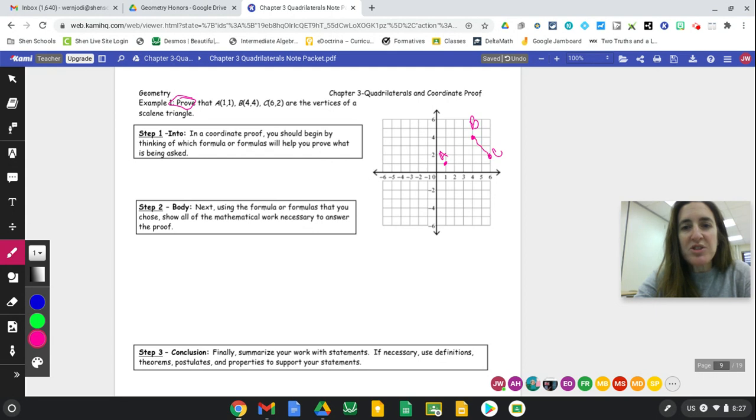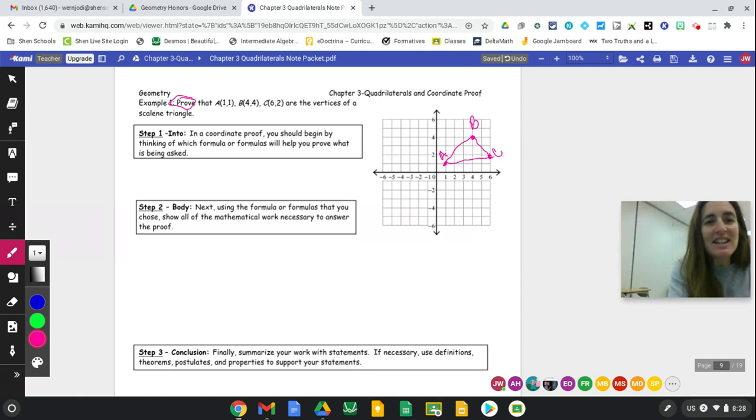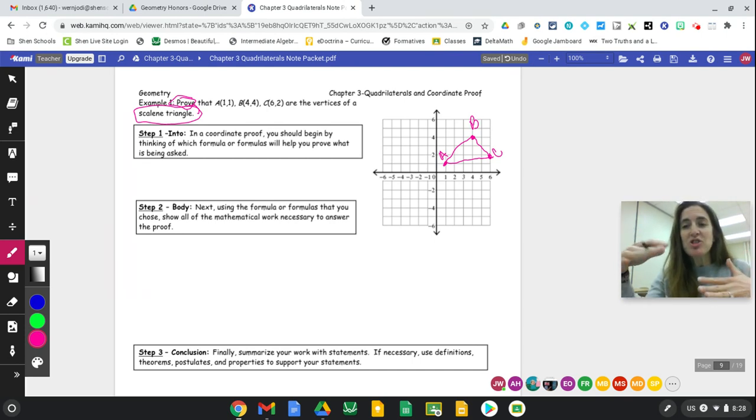So I want to prove this triangle ABC, oh boy, look at my drawing on there, is the vertices of a scalene triangle. Okay, so always important to figure out what you're trying to prove. Scalene. Now, since you're a math honors genius, you know that a scalene triangle has no sides equal. So none of these lengths that we're going to find are going to come out to be the same measure.